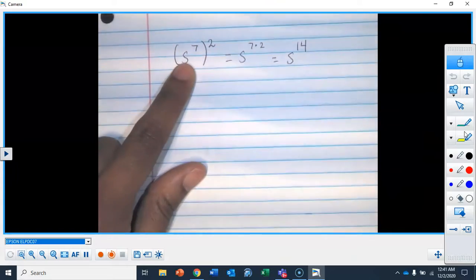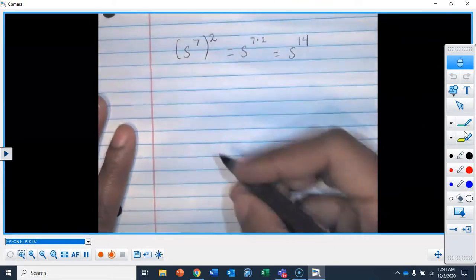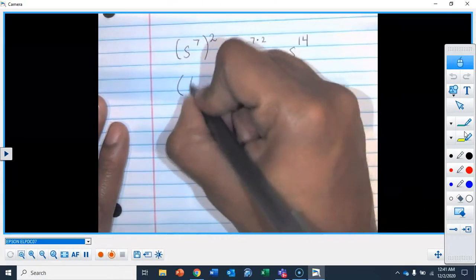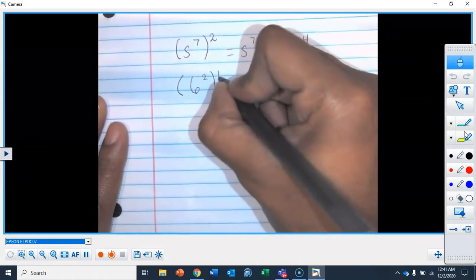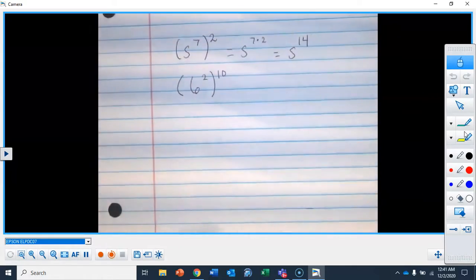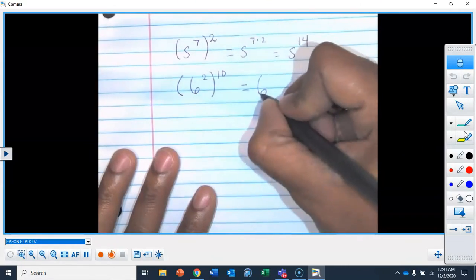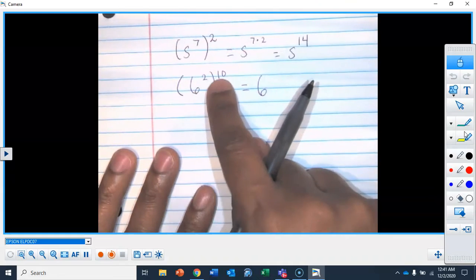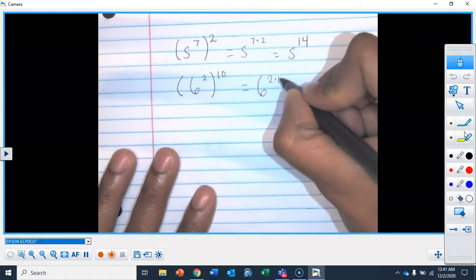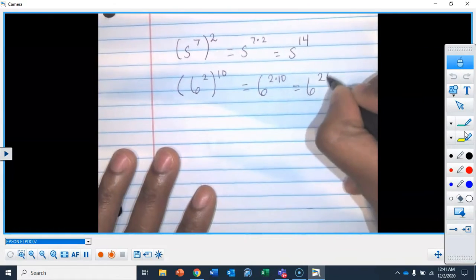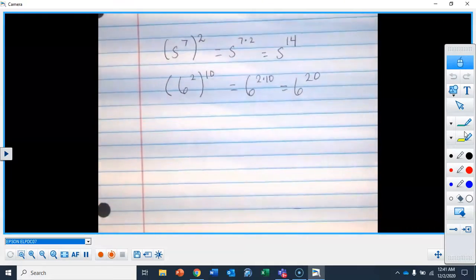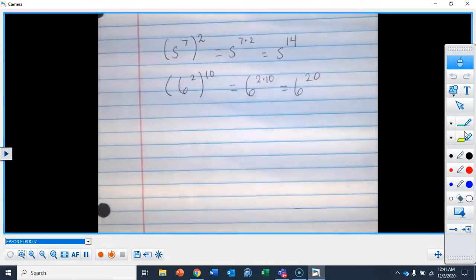What happens if this was a number? Okay, so what if I had something like 6 raised to the 2nd power raised to the 10th power? You're going to multiply. So 6 is my base, and then do 2 times 10. So the answer is 6 raised to the 20th power. And then you could just put that answer in the calculator if you needed to. All right, so again, this was law number 3.